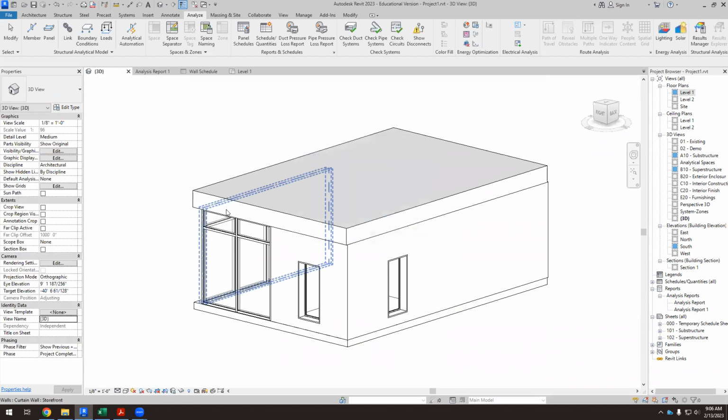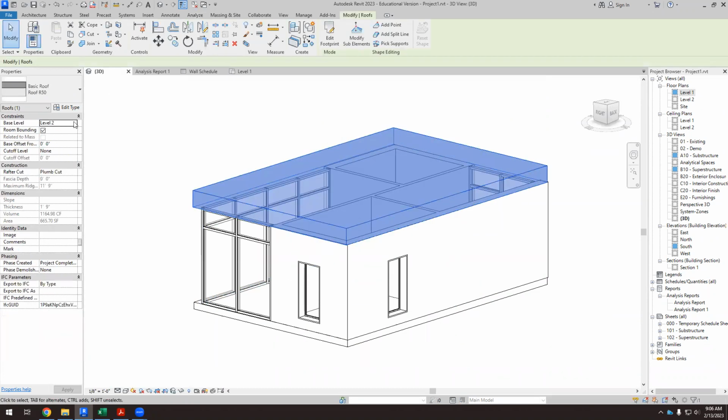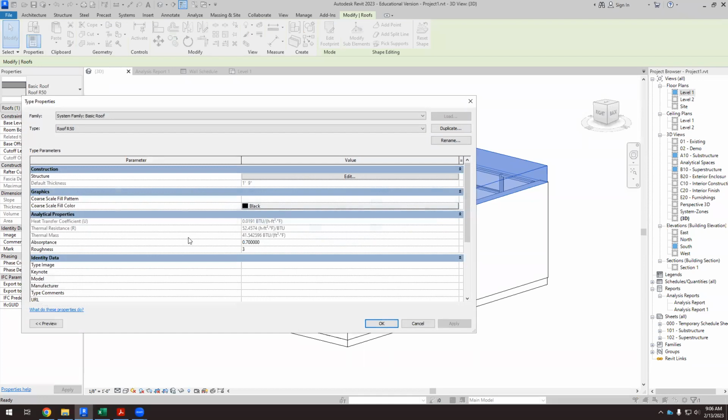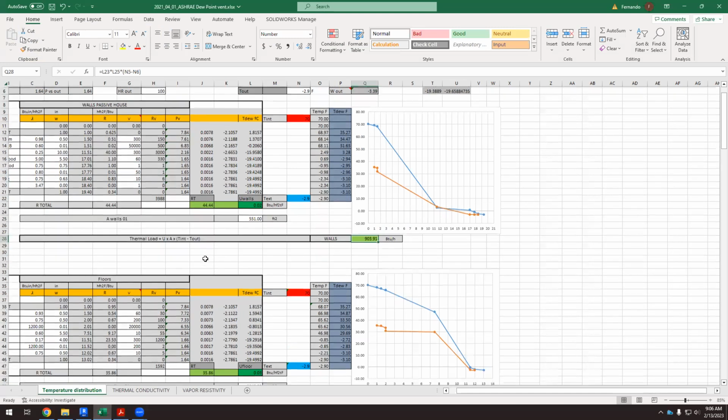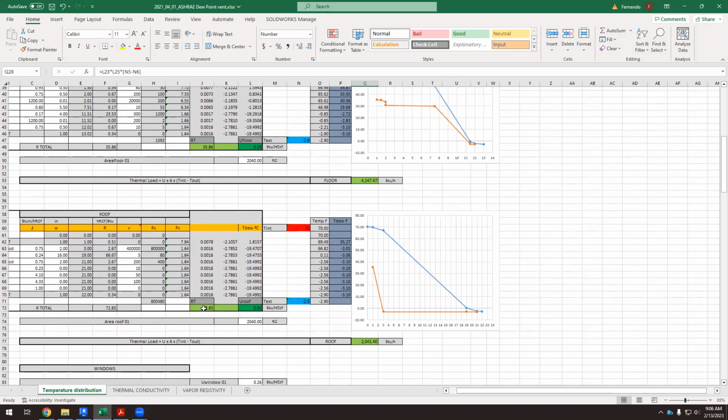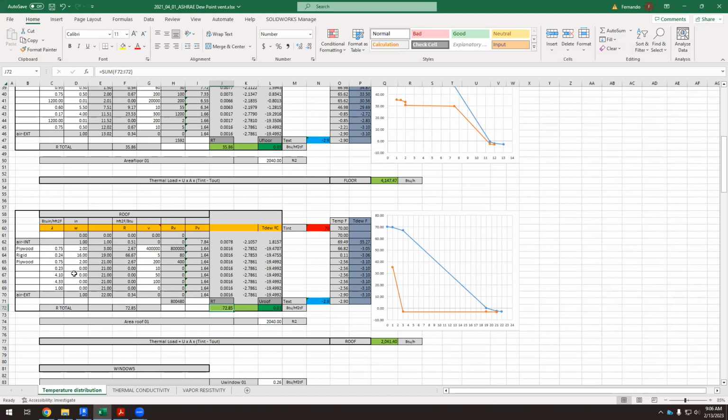Anyway, let me see the roof, because in the roof, what is the R value of the roof? It's 52. So what's the R value of the roof here? It's 72. So probably this is too much. I'm going to type here less thermal insulation. Okay, so now here I have an R value of 52.